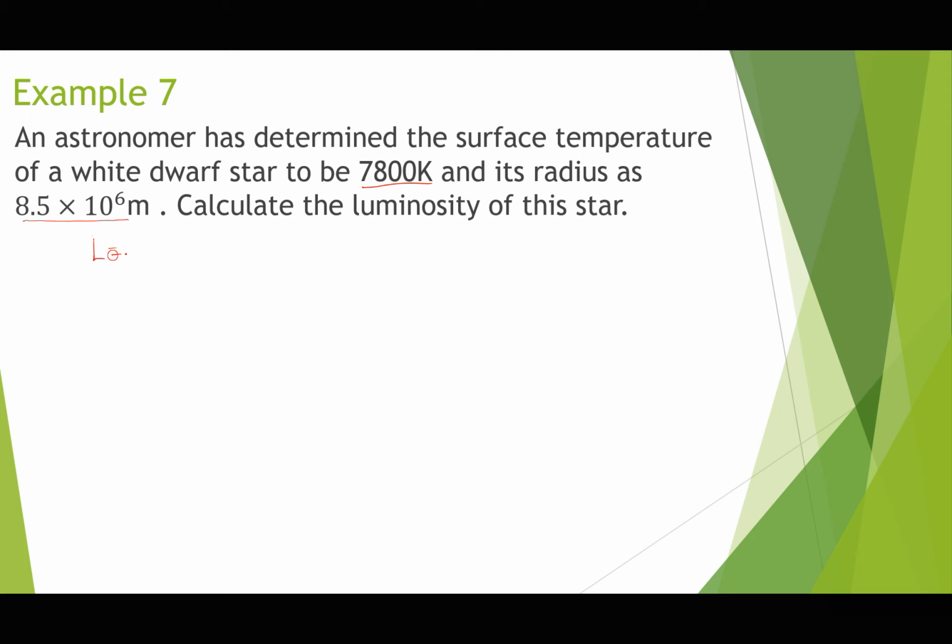L, luminosity, is equal to 4 pi r squared times sigma times T to the power of 4. So this will be 4 pi times the radius, which is 8.5 times 10 to the power of 6, but this should be squared, times sigma, which is 5.67 times 10 to the power of minus 8, that is Stefan-Boltzmann's constant, then times the temperature, 7800 raised to power 4.